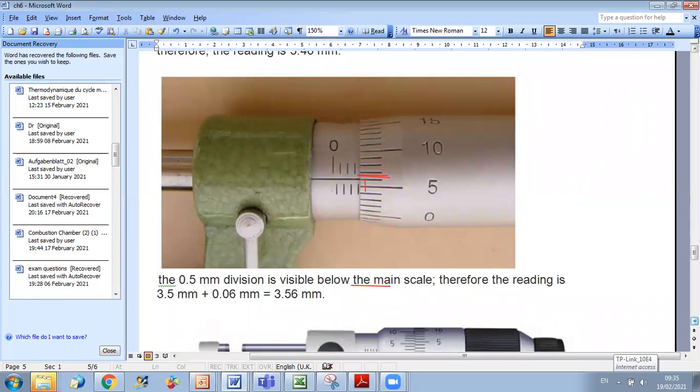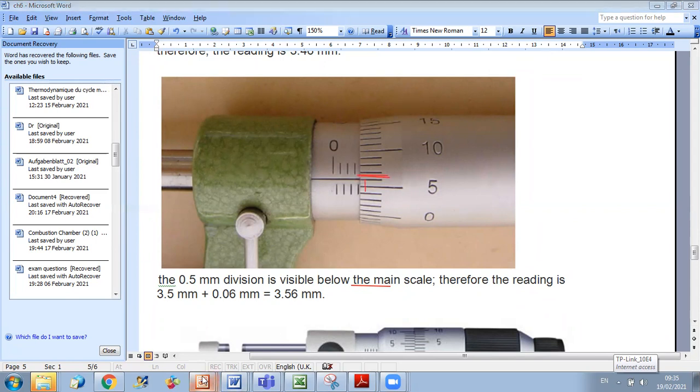Any question on readings of linear or rotary scales? Okay, so we can start to correct problems on chapter 6. This document, I will post it on Blackboard, okay? It's not posted yet. I will post it today, okay?